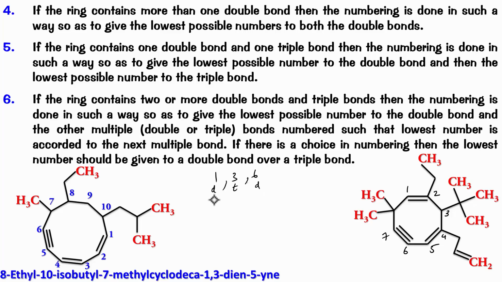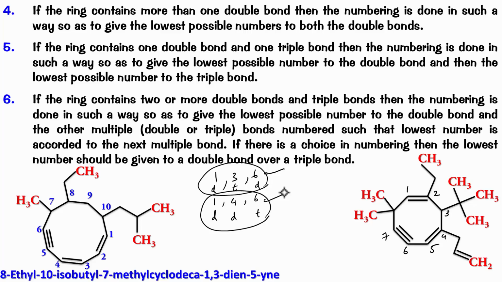Now 1, which will always be double, of course, 4, which is again double, 6, triple. Now look at these two. In one of them, the triple is 3, the double is 6. The other is double is 4 and the triple is 6. Now here we don't have to even look at what is double and triple. We just look at the numbers. 136, 146, which one is going to be preferred? It's automatically going to be 136.